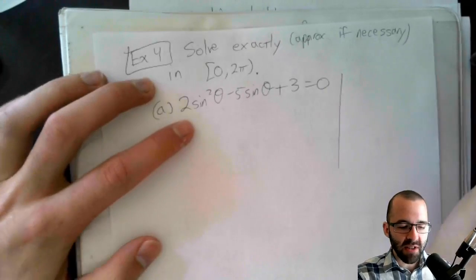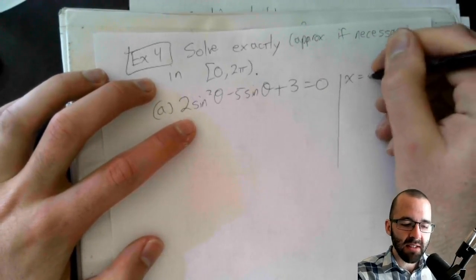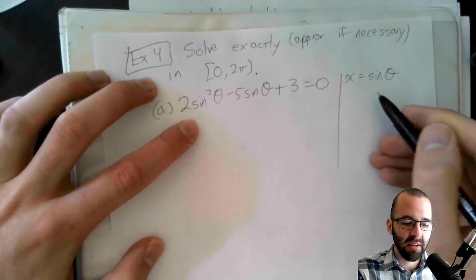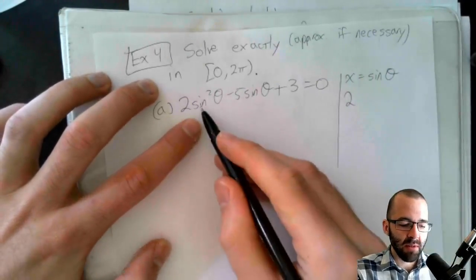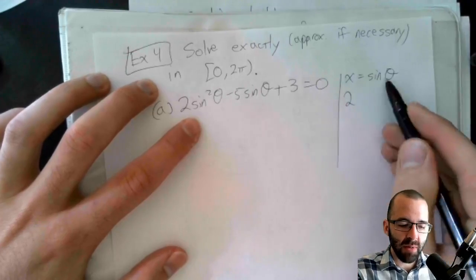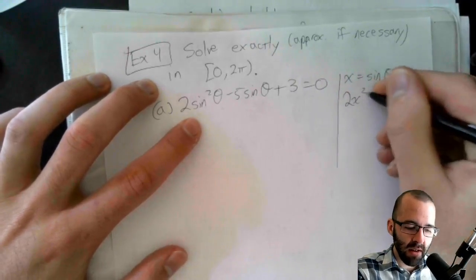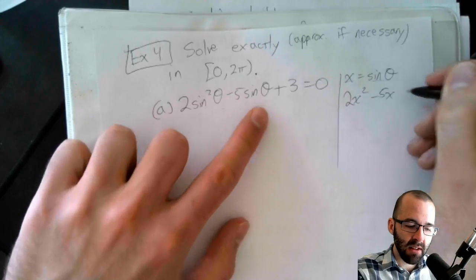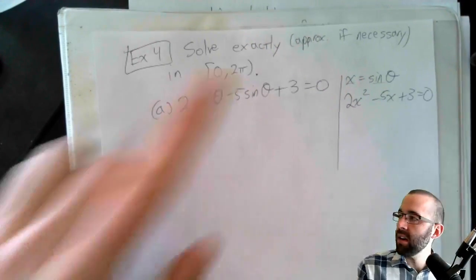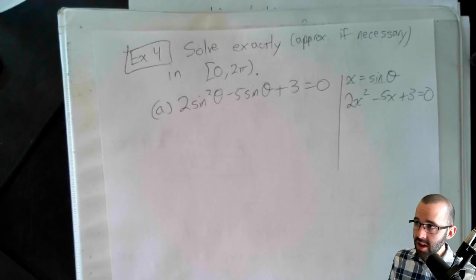But go over off to the side, right? If we just say x is the sine of theta, then what does this become? Well, the sine squared of theta just becomes x squared. So 2x squared minus 5 times, again, the sine of theta is x, plus 3 equals 0. And we can solve this.